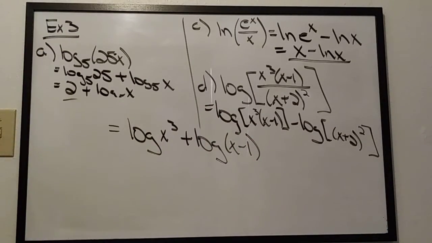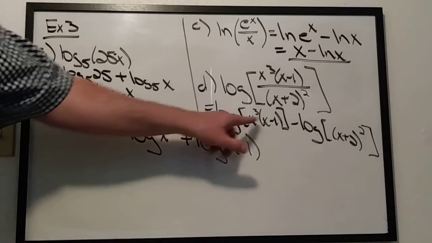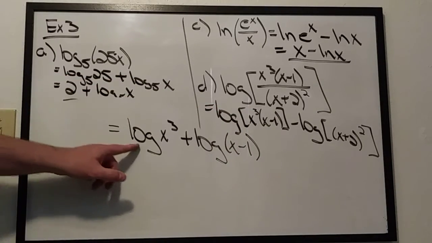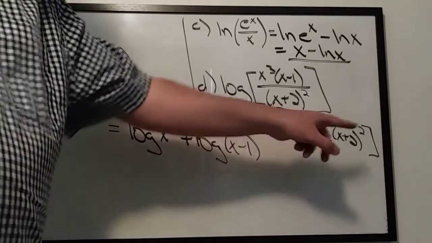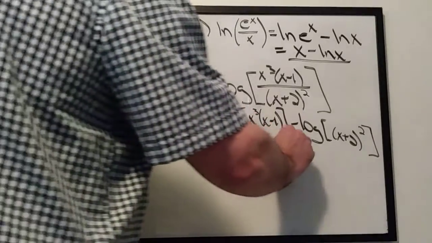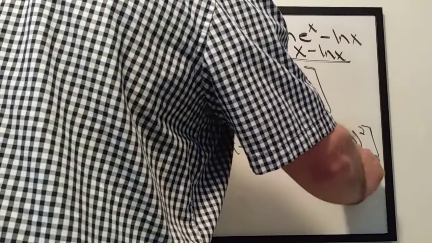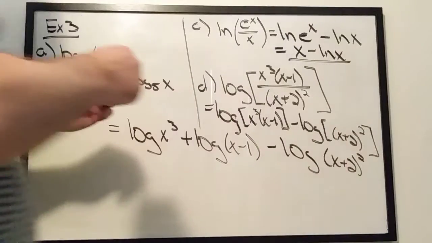Now, one more time, notice that I have one copy of the log when it's a multiplication problem, but I have to have 2 copies of that log when I break it down into the individual addition pieces. And then over here we have minus log of x plus 2 quantity squared.